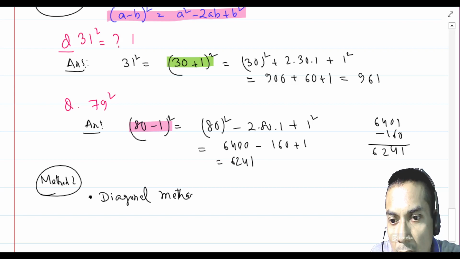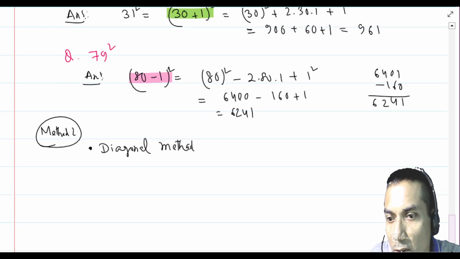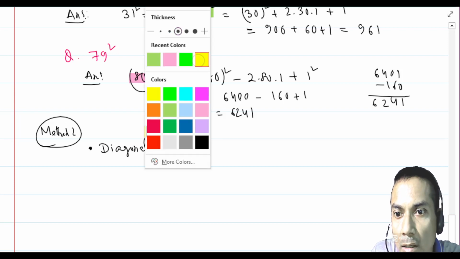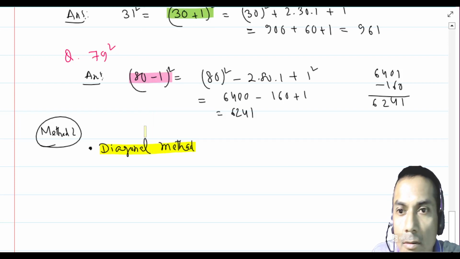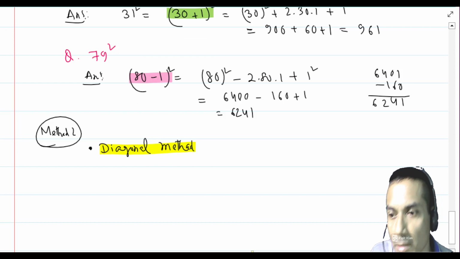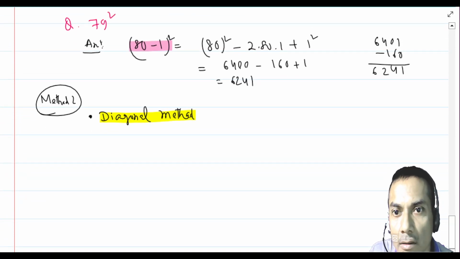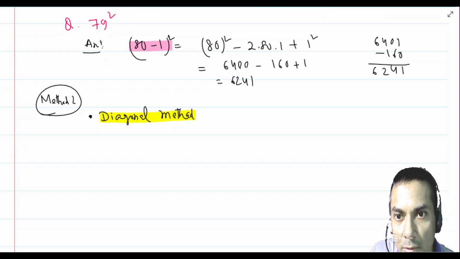By this diagonal method we can do a large calculation with simple steps. Let's understand what this method is. Suppose the question gives a large number, let's consider 289 square.